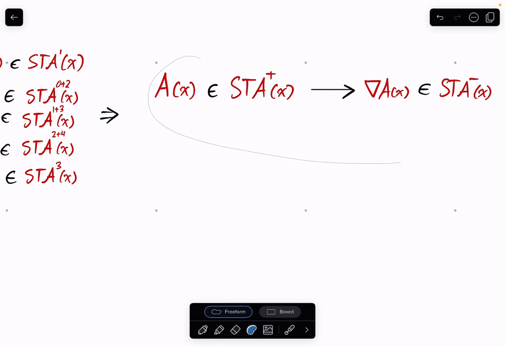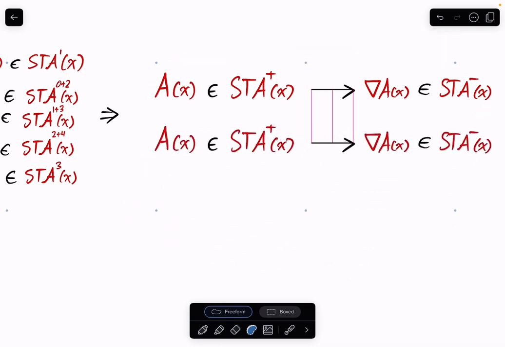And likewise, if you have something in the odd subspace and you take its gradient, then that'll be in the even subspace. So the odd and the even subspace are dual under the action of the gradient.